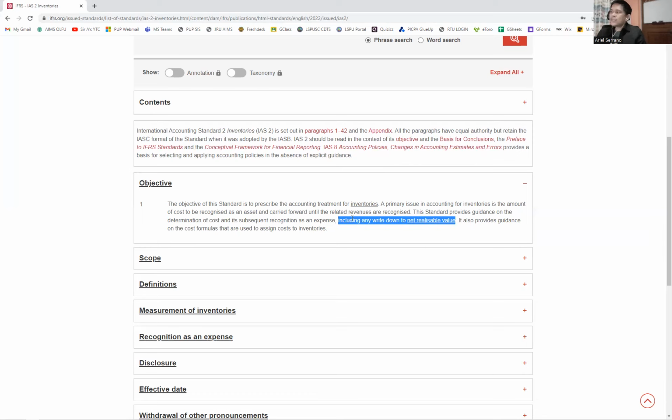So we will discuss the net realizable value momentarily. It also provides guidance on the cost formulas that are used to assign costs to inventories. So meron po tayong discussions on cost formulas pero separate, hindi po sa overview na ito.